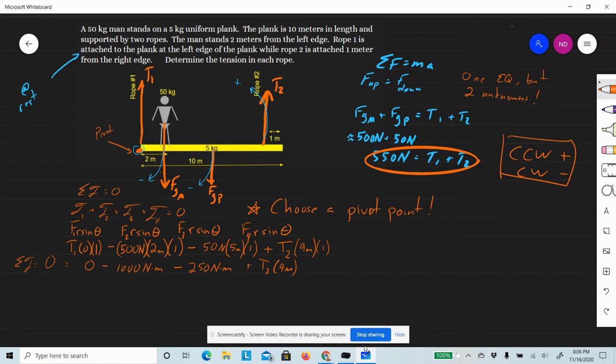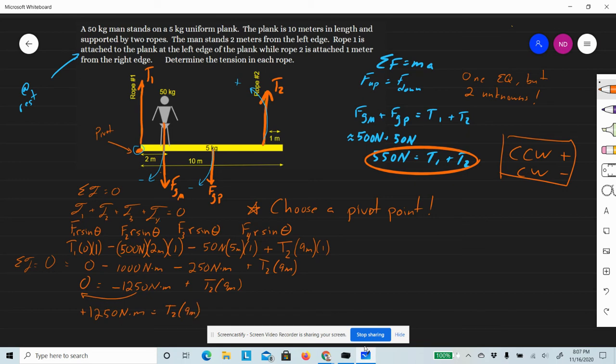So we get 0 equals negative 1,250 Newton meters plus T2 times 9 meters. Bring this over there. So we get positive 1,250 Newton meters equals T2 times 9 meters.